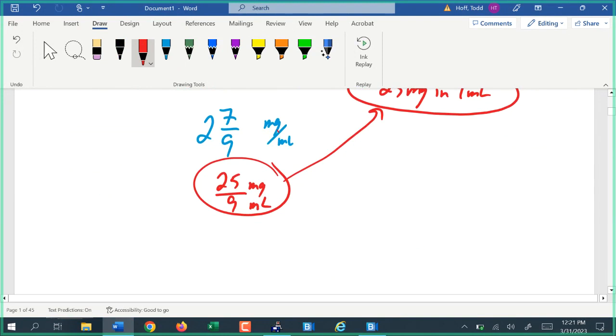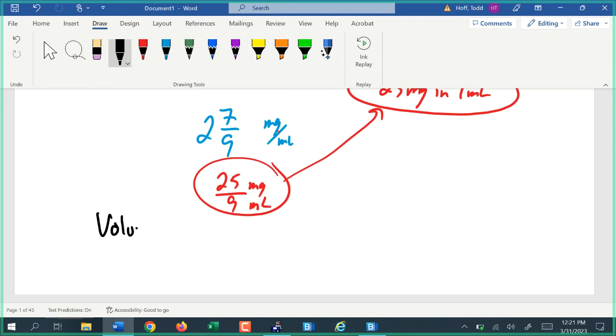Okay, so the last thing we really want to do here, and we are down to about a minute left, is to find the volume infused. In other words, if we're looking at a bag hanging there, we know the settings, we don't necessarily need to know the order.